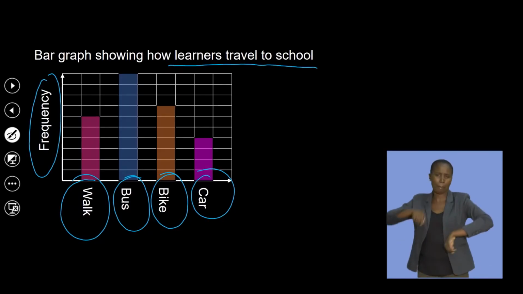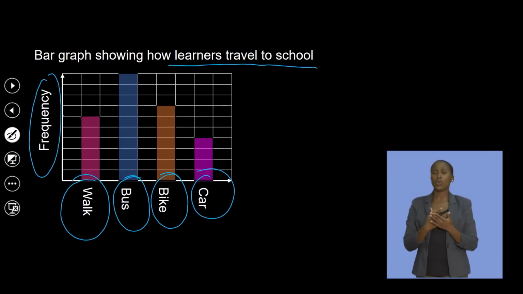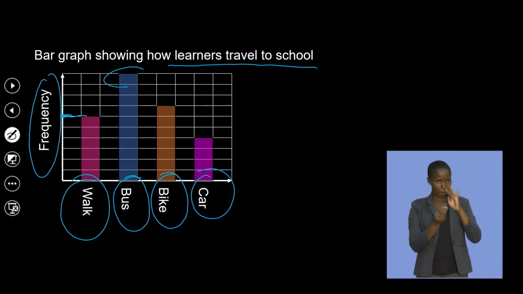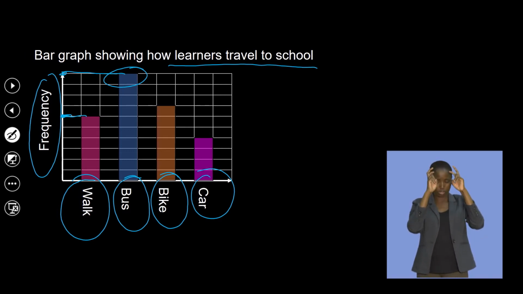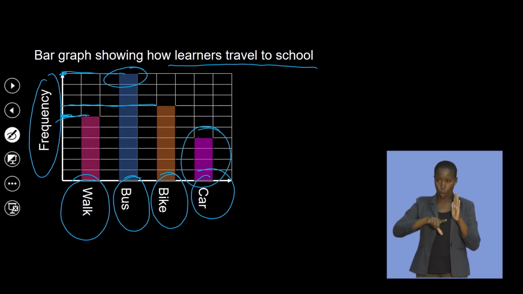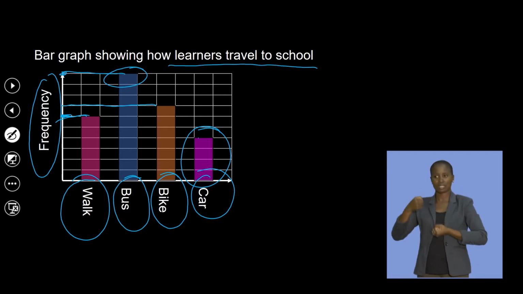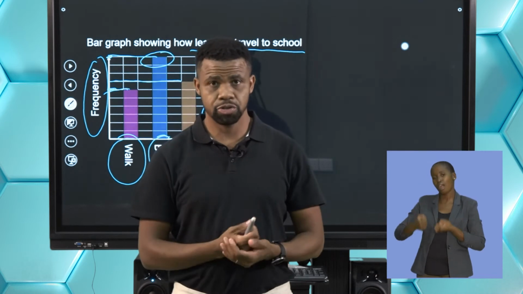We don't have the actual numbers here, but we can see the highest point is the bus, followed by the bike, then followed by walking, and lastly a few, with lower numbers, use a car to get to school.